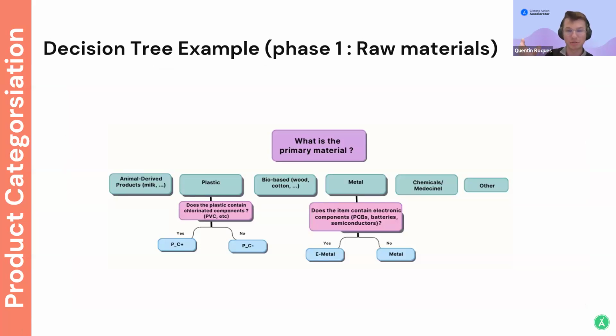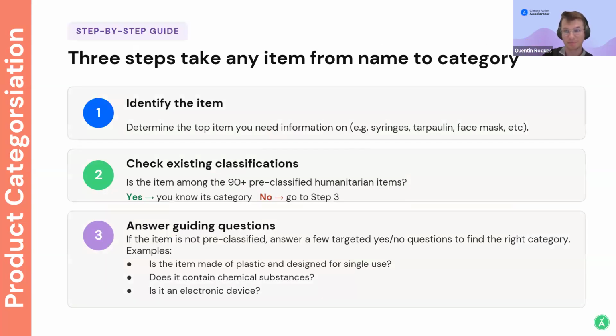And this will be a similar one that you will have to answer to find the categories. So it's aimed to be yes/no questions that you will be able to answer knowing your item, some on the raw materials, some on the productions, and so on. And that's how you access the correct categories, and then all the material on these categories.